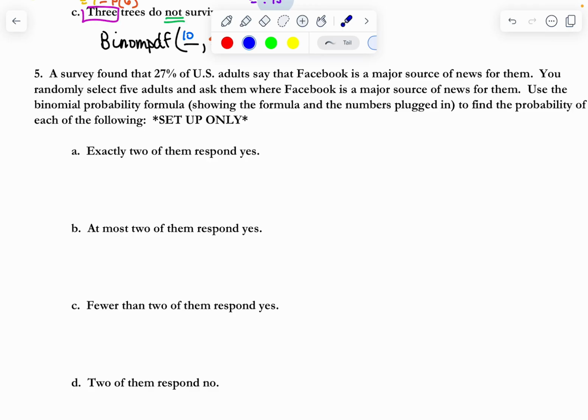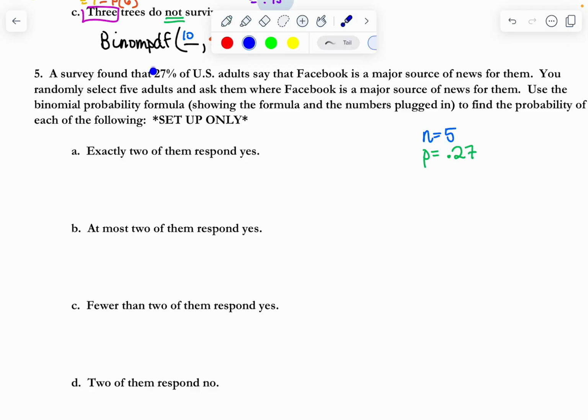Okay, so this is talking about a survey that found that 27% of adults say that Facebook is a major source of news for them. You randomly select 5 adults and ask them if Facebook is a major news source for them and use the binomial formula. So we can say that we are talking to a total of 5 adults, and the probability that they said yes, Facebook is a major news source, is 0.27.